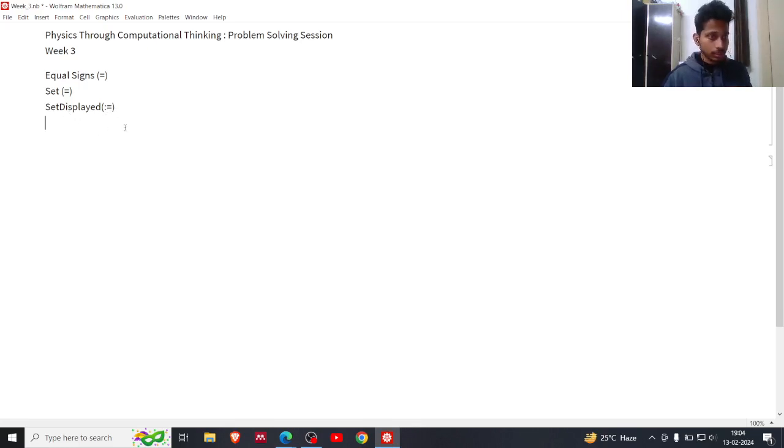There is another thing, the double equal sign, which is used for testing if an equality is true or not.